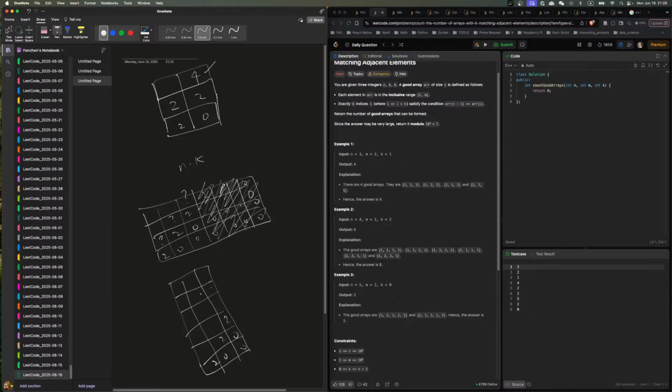So this depends on these two. And I believe these are all 2's. We need to fill here, fill here, fill here, and then fill here. So it's like going this way, and then this way.